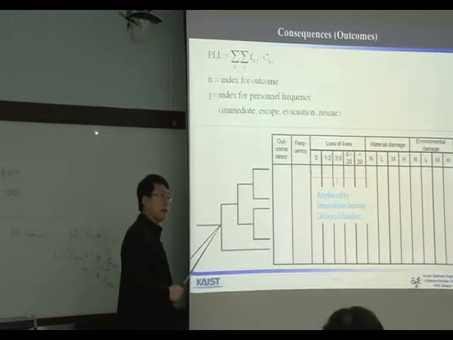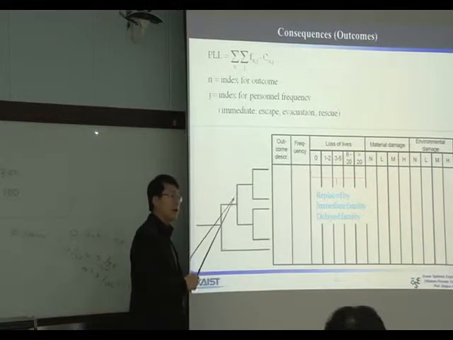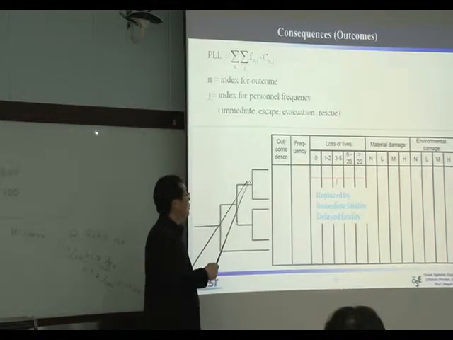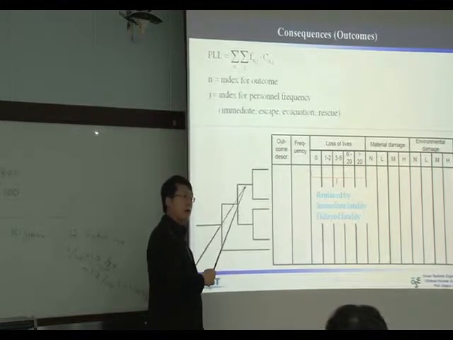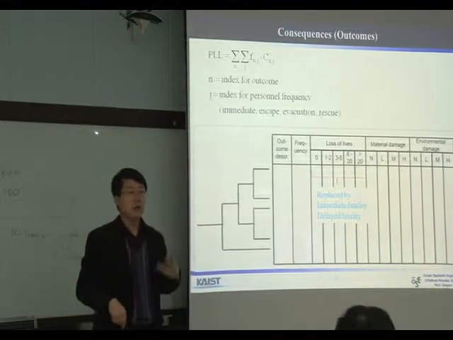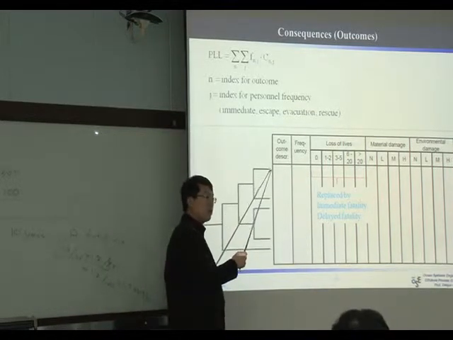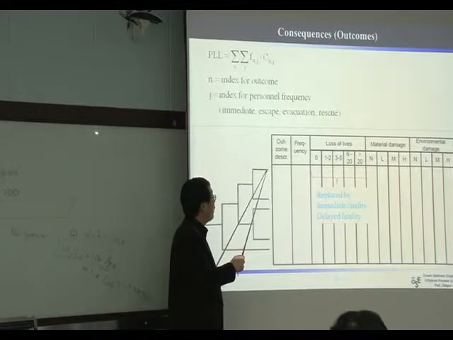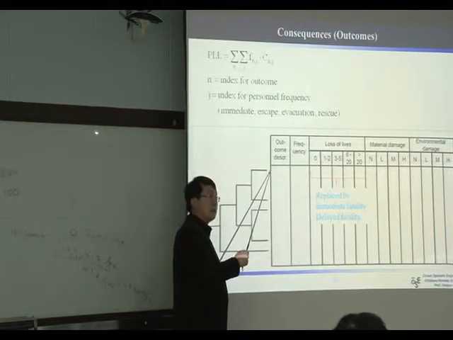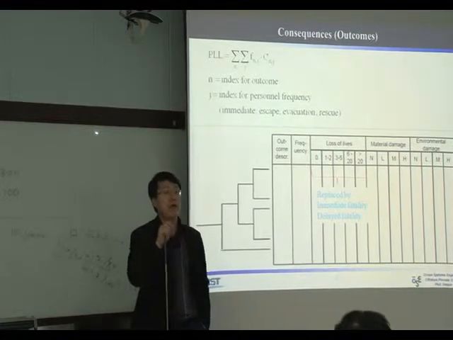Gas is detected or not, then fire is detected or not, blowdown system is working or not. This kind of thinking is the event tree. So at the end of the event tree, we have accidents. Each branch means one separate accident.